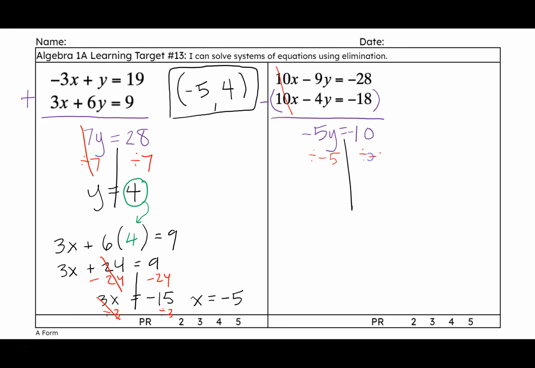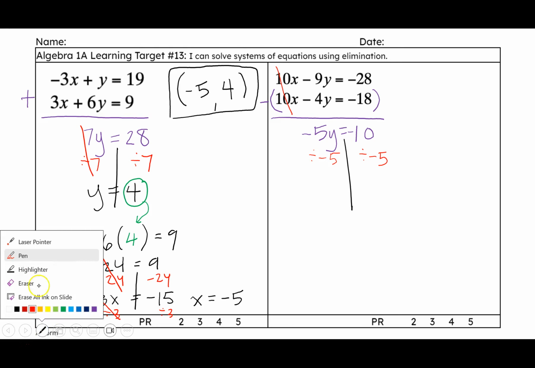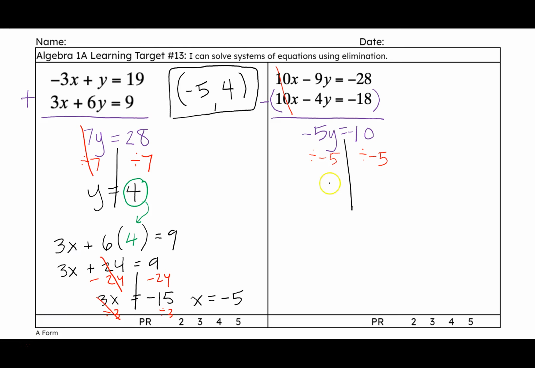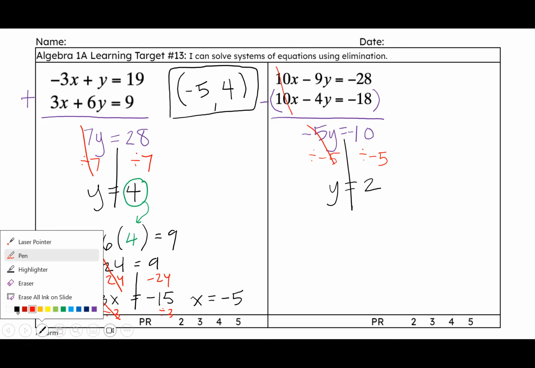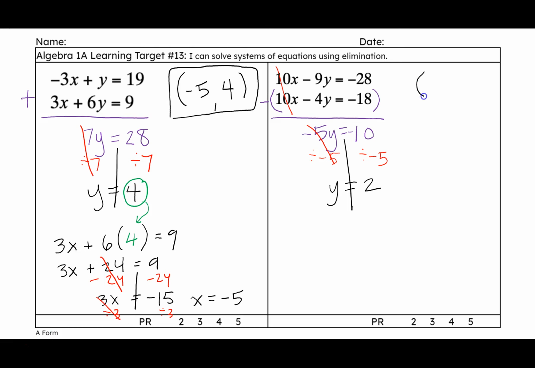Oh, I already know what y is. y is going to be equal to negative 10 divided by negative 5, which is 2 altogether, because these just canceled out. All right, so now I've already got half of my answer. I know that y has to be 2.